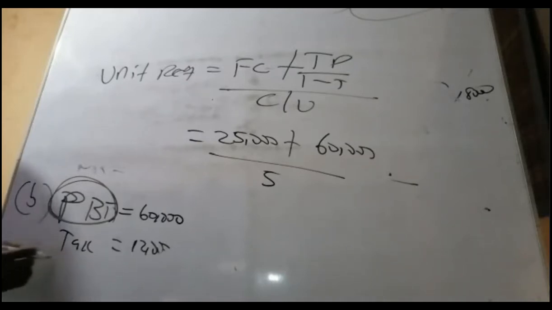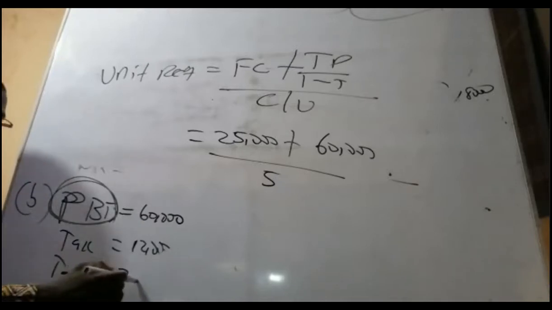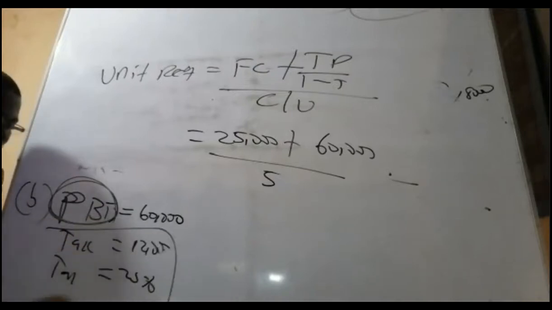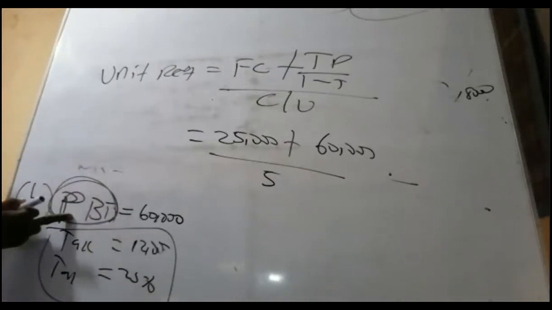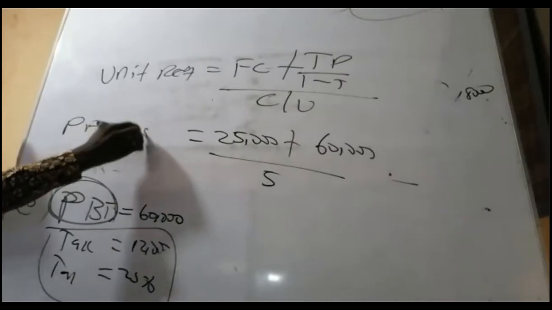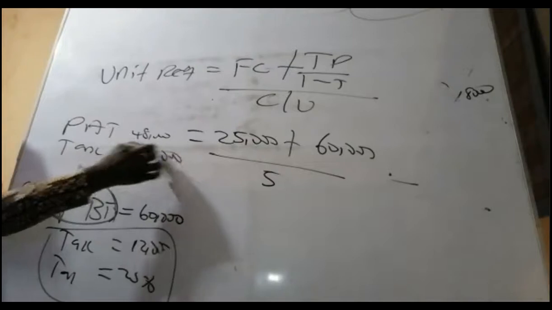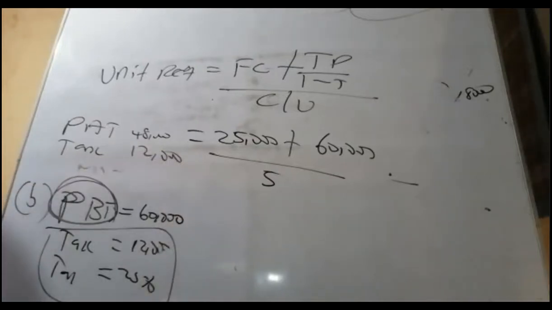Even if I confuse you and say the tax rate is 20%, all these are irrelevant as long as this information is there. What if I give profit after tax of 48,000 and I give you tax of 12,000? What will you do?